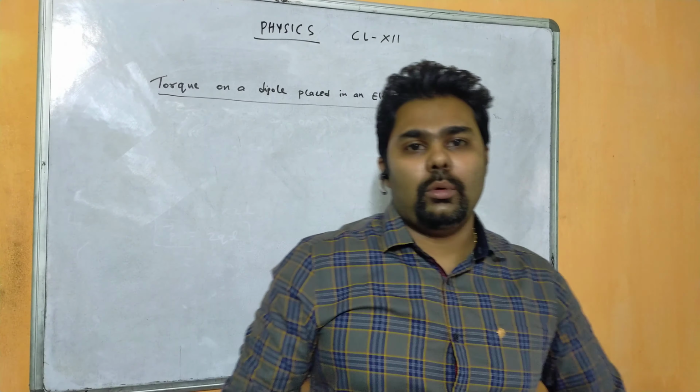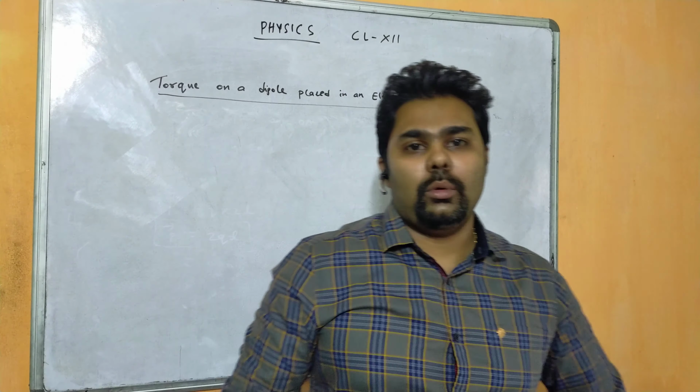Now even though the net force on the dipole is 0, the dipole experiences a torque, that is P vector cross E vector. So even if the net force acting on a dipole is 0, still there will be a torque acting on that dipole.